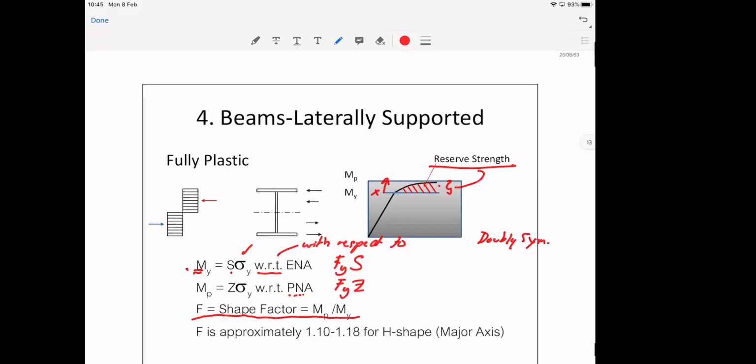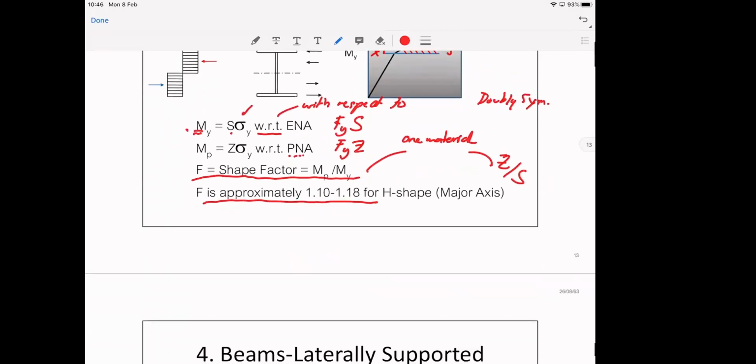If you have one material, this may be written as Z over S, correct? Generally, if we have the H shape, this shape factor is approximately 1.1 to 1.18. Okay?